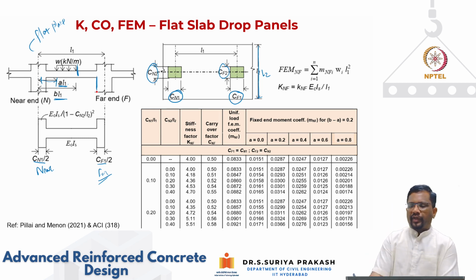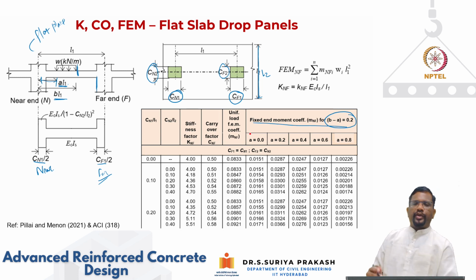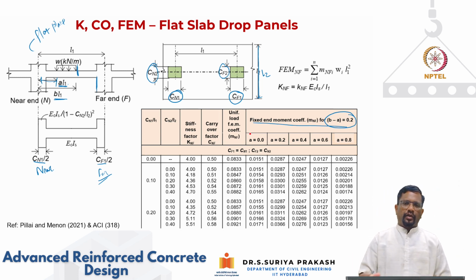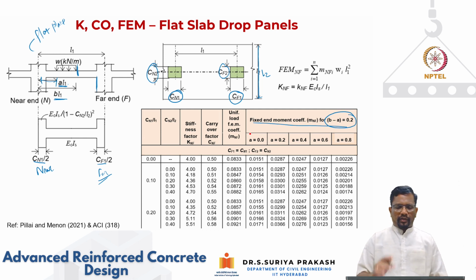So these fixed end moment coefficients have been derived for a typical standard value of B minus A equal to 0.2. Then you keep your A, and then you can find the tables, and how these values are derived using the column analogy method and the equation.